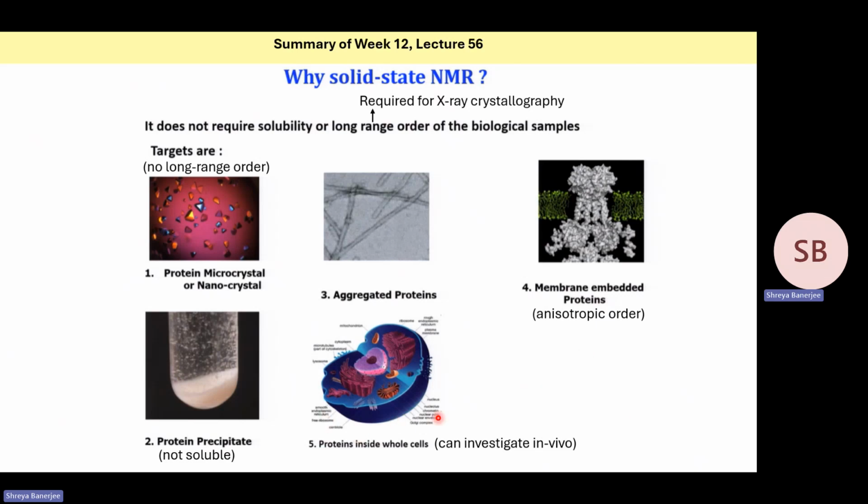So instead, another thing you can do is solid state NMR. Suppose you have a protein inside the cell and you want to investigate its structure without taking it out and purifying it. That is, you want to do an in vivo investigation. Then again, solid state NMR can come into play and you can study the protein while it is inside the cell itself.